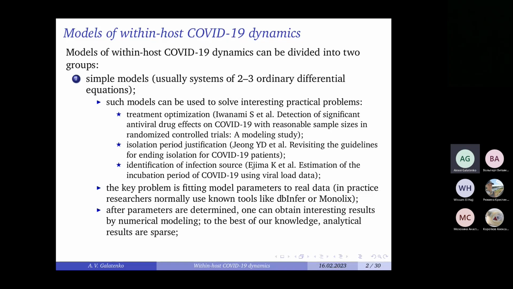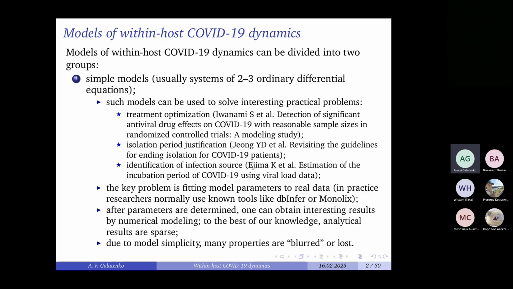And after parameters are determined, one can investigate the model, for instance, by numerical modeling. We have differential equations, and we can solve them using one of the well-known numerical methods. As a matter of fact, analytical results on the solutions of systems of differential equations that model infection dynamics are, to the best of our knowledge, sparse.